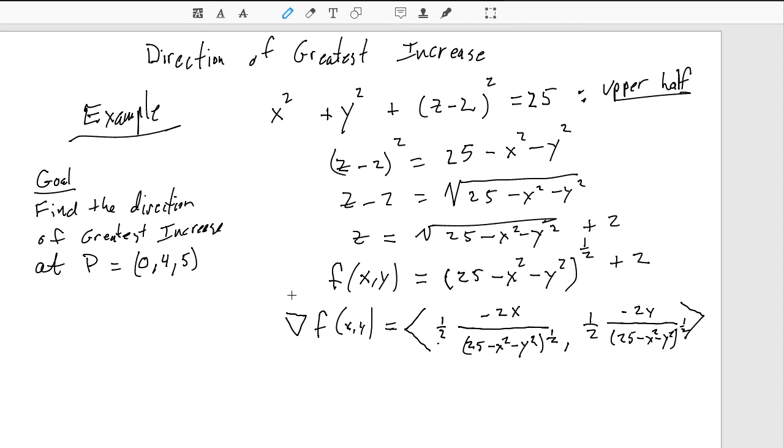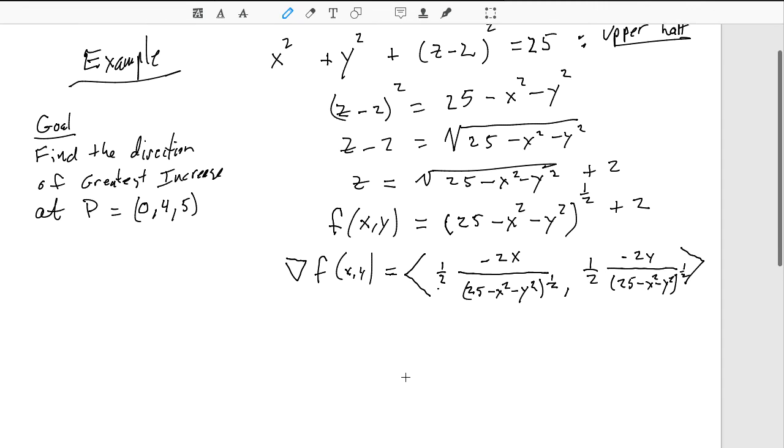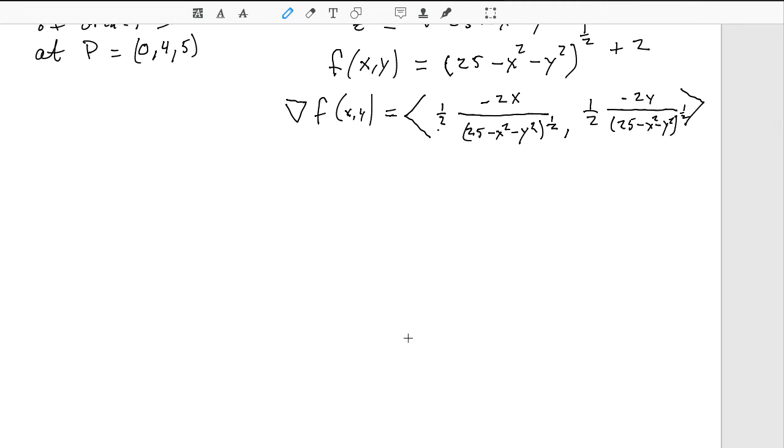Okay, so at the point 0, 4, 5, it's f of x and y. So we're going to just plug in the 0 and the 4. All right, so before we do anything here, notice that the 2's are going to cancel here, the 2's are going to cancel here.